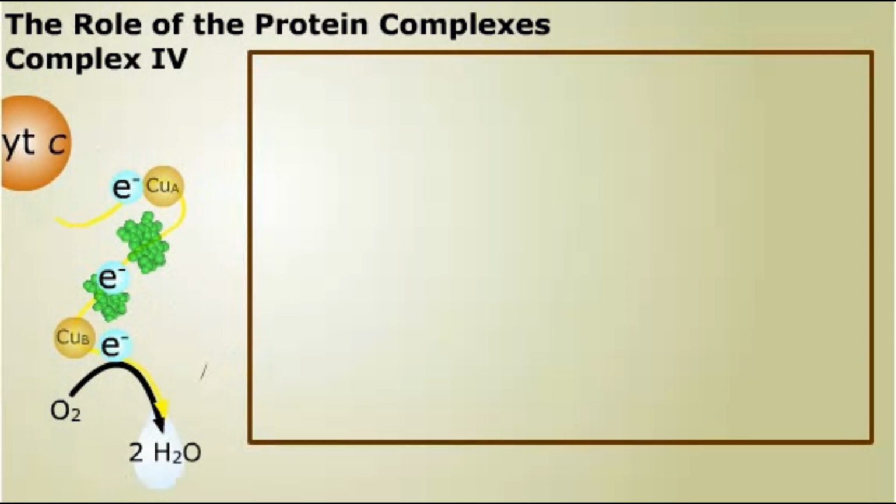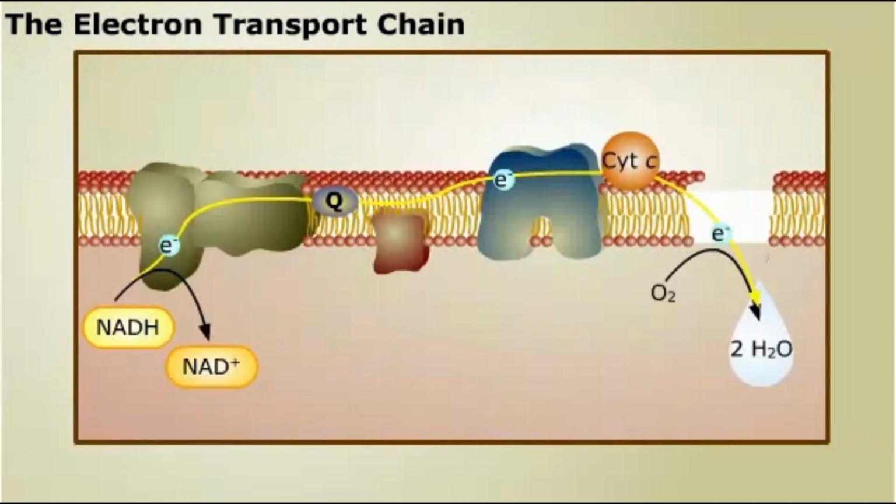Complex 4 is the last complex in the electron transport chain. In complex 4, electrons are transferred through heme and copper centers to molecular oxygen. The transfer of electrons to molecular oxygen completes the flow of electrons through the transport chain.